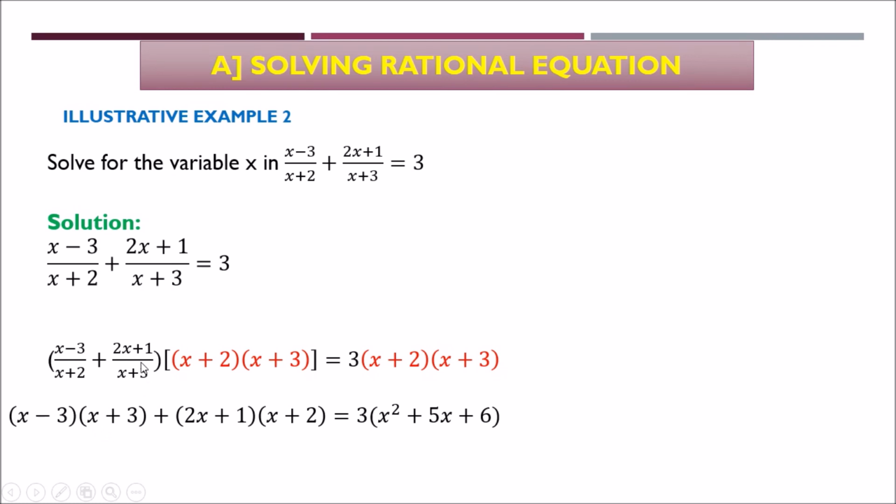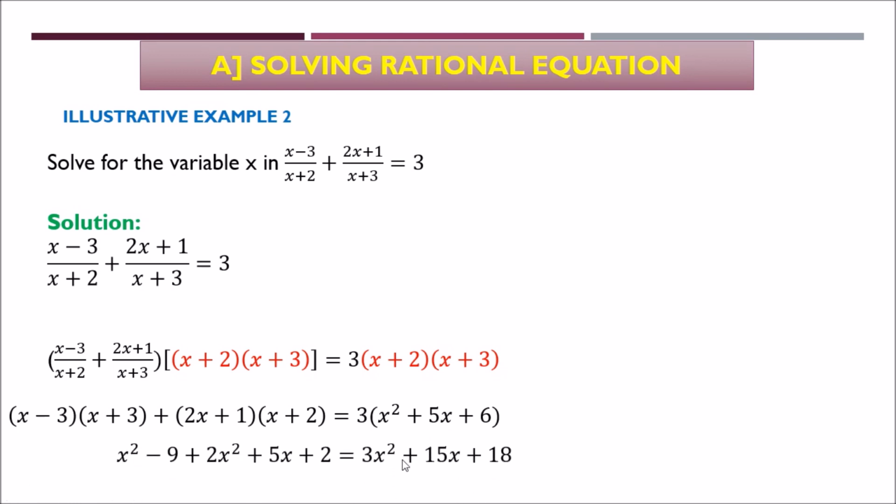Then the next term, 2x plus 1 all over x plus 3 multiplied by the quantity in the red color, will give us the quantity 2x plus 1 times the quantity x plus 2. On the right hand side, we have 3 times x squared plus 5x plus 6, which is the product of the quantity in the red color.